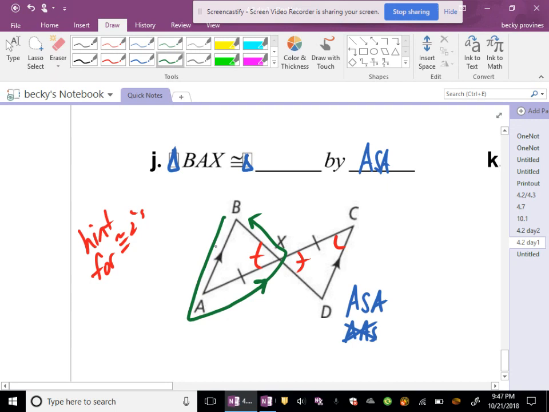So you're going to go down the parallel side and then across the side with a congruent symbol and then up the side with no marking. All right, so parallel side, congruent side, no marking. So here's my parallel side, congruent side, no marking. So it's DCX.